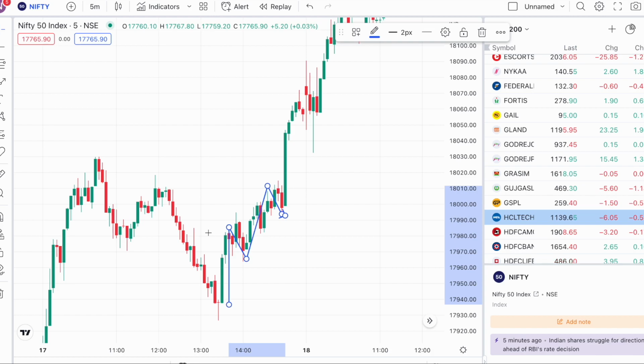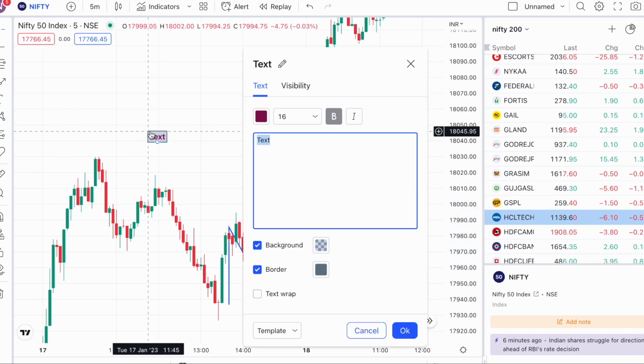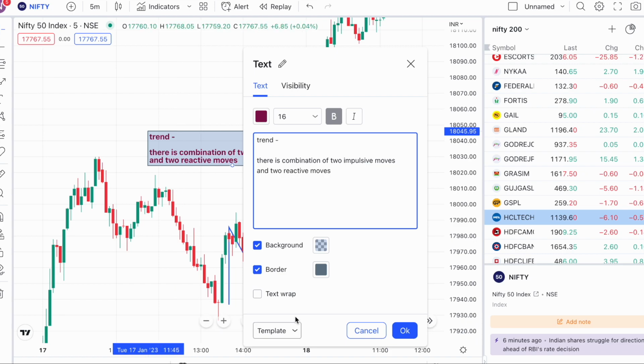We'll say that a trend is established only when, remember this, only when there is a combination of two impulsive moves and two reactive moves.